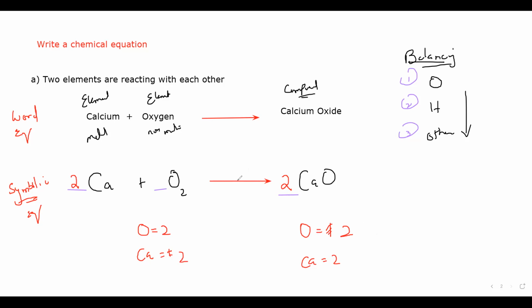So this equation is balanced in terms of calcium and oxygen on the left as well as on the right hand side. Is it clear, this first example? First write the equation and then balance the equation. For a symbolic equation, you must write the correct formulas as well as the correct numbers. Is it clear, this example?